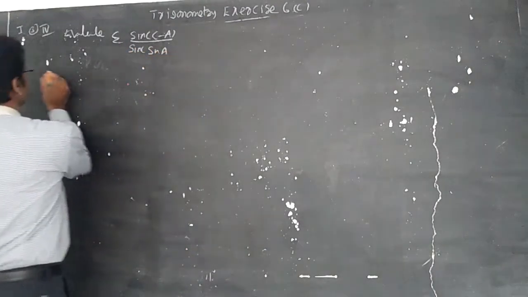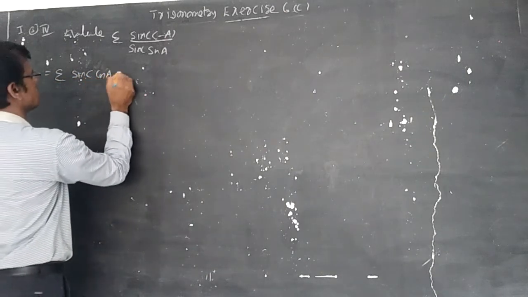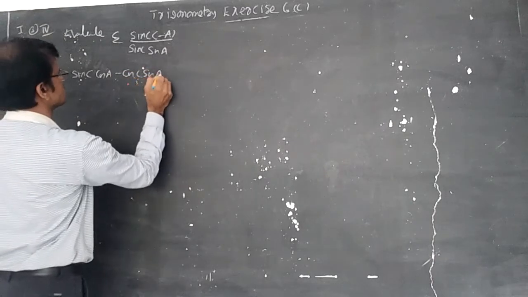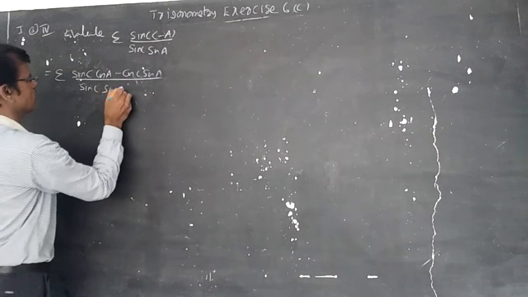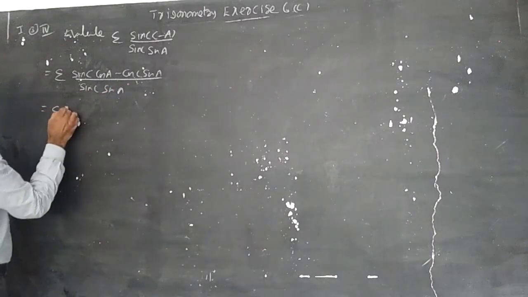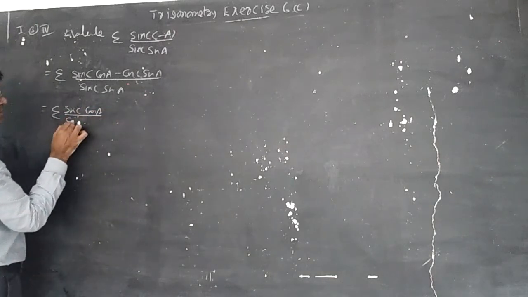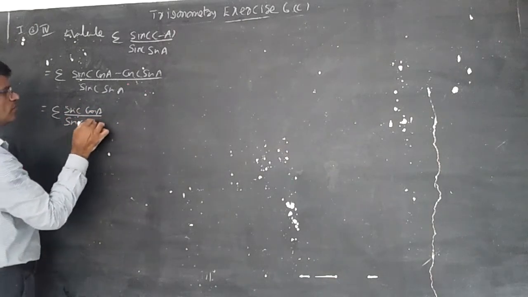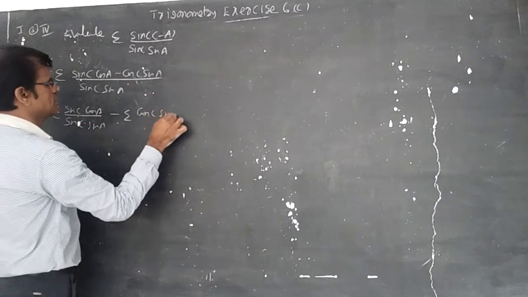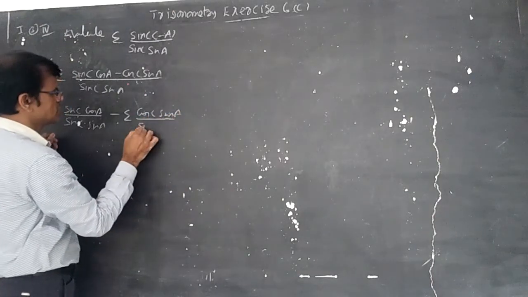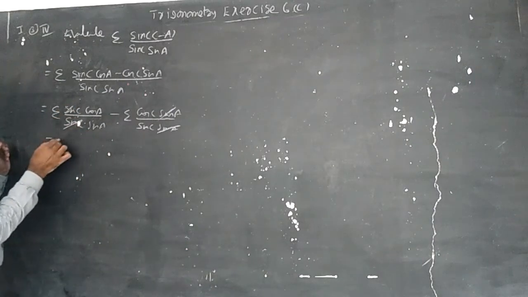Now expand this one: sigma of sin C cos A minus cos C sin A, whole by sin C sin A. That is equal to sigma sin C cos A by sin C sin A, minus sigma cos C sin A by sin C sin A. Here sin A sin A get cancelled, sin C get cancelled.